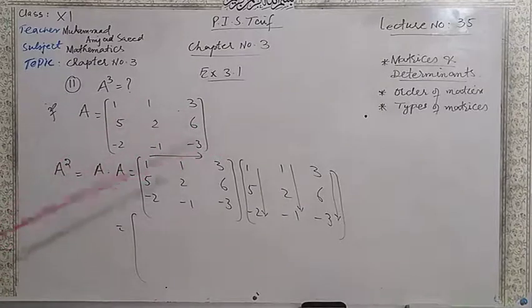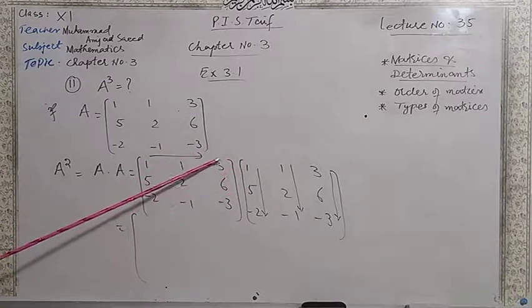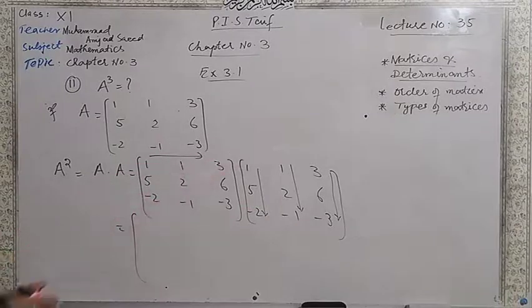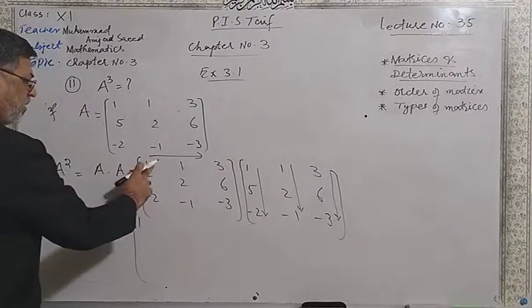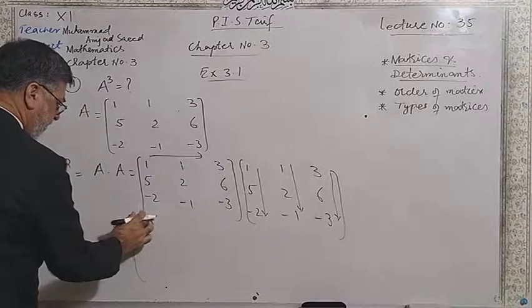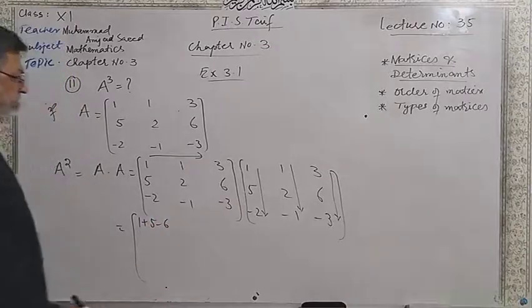Remember that I am writing down directly first into first plus second into second plus third into third. First into first is 1 plus second into second plus 5 plus third into third is minus 6.